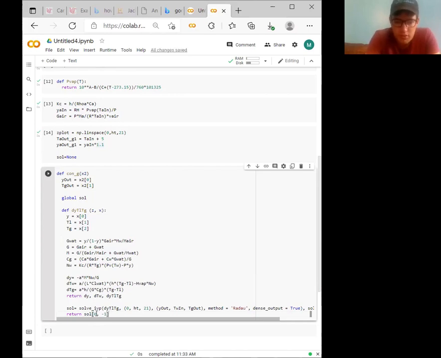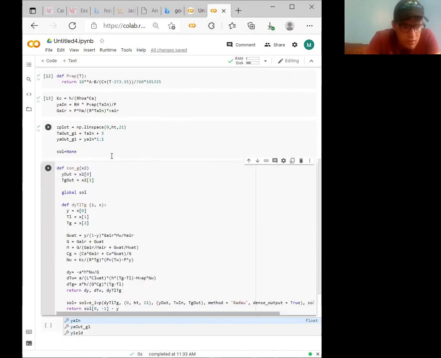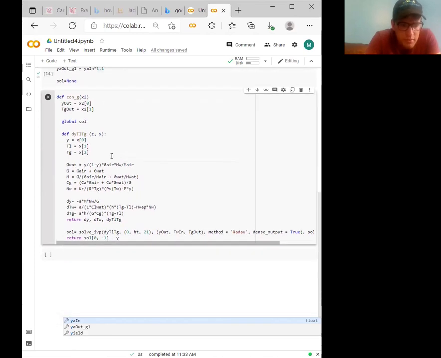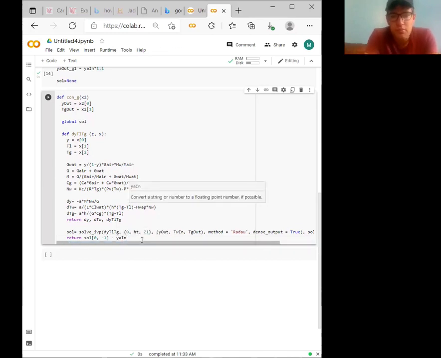And I'm going to subtract that by the input of the molar concentration, because no, this is lowercase, which should be, I think it's, what do we define that as? I forget. YAN. That's what. Okay, so YAN, and we are going to subtract it by that because that is the starting value of the molar concentration, and we're looking for the final.